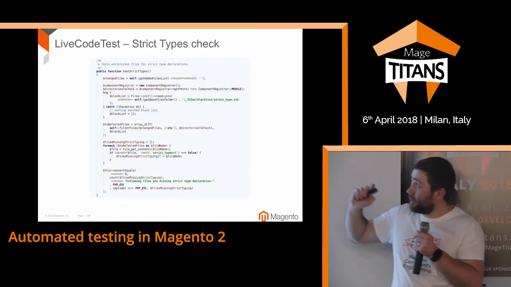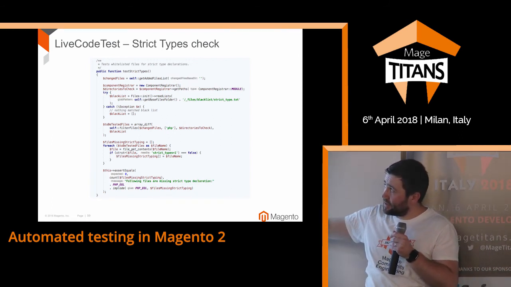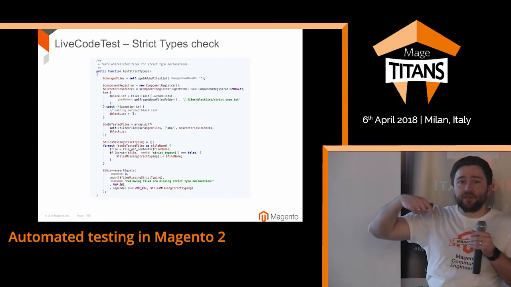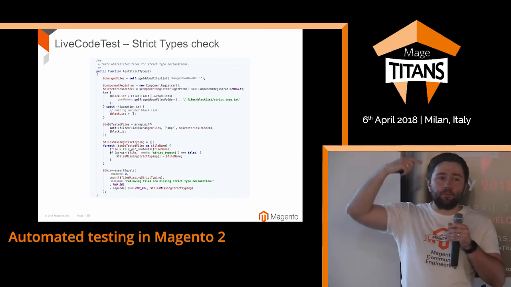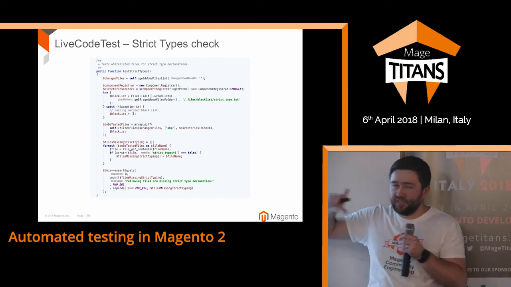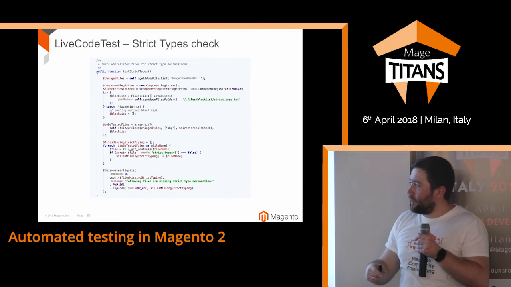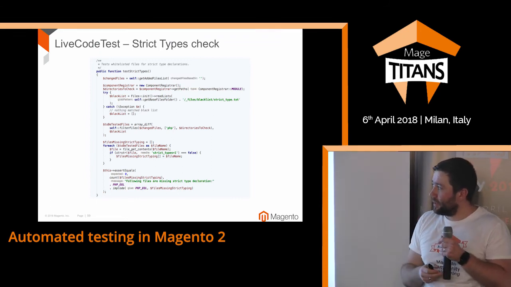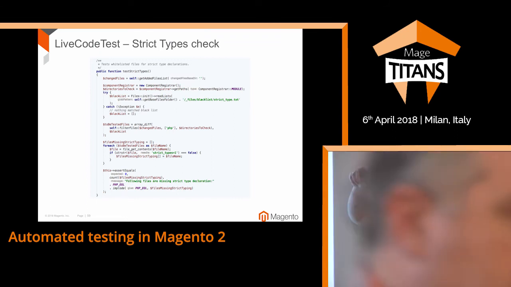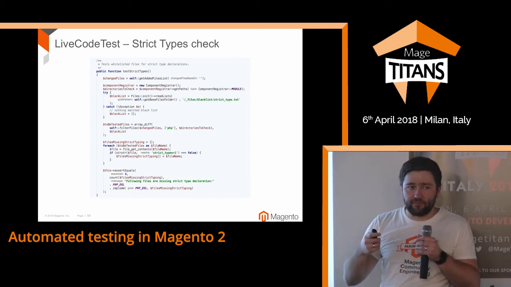That's why we created live code testing, strict type check, which currently applies on all the pull requests. It checks the diff, so what files are being delivered to mainline, and we run a code sniffer check on all the newly created files.